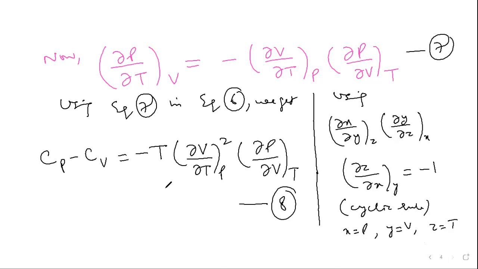Cp minus Cv is equal to minus T (∂V/∂T at constant P) squared times ∂P/∂V at constant T. Let me encircle it.